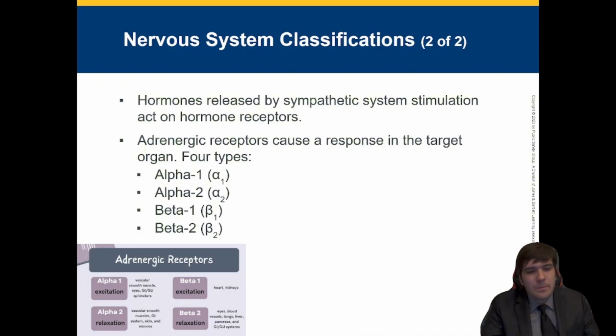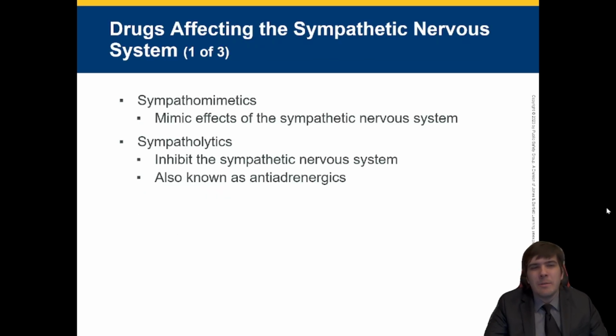Alpha 2, that's going to be also some vascular smooth muscle. It's going to have some sedation effects. It's going to relax some of your muscles. Beta 1, that's going to be your heart and your kidneys. And beta 2 is going to be your lungs. The way I remember it all the time is beta 1, you have 1 heart, and beta 2, you have 2 lungs.